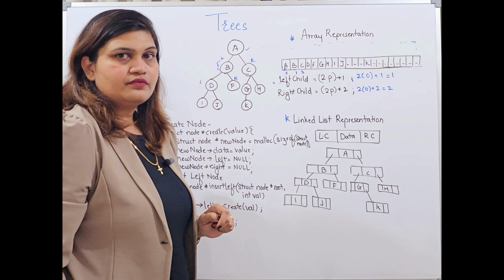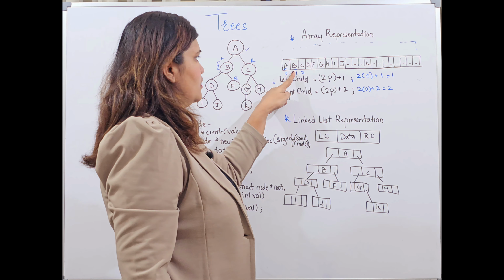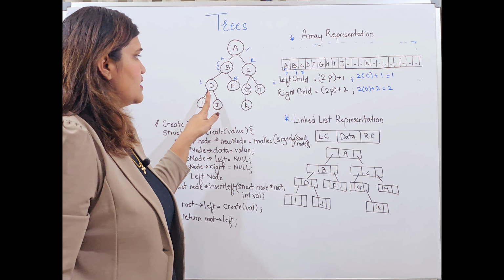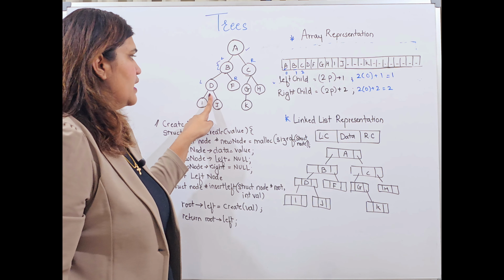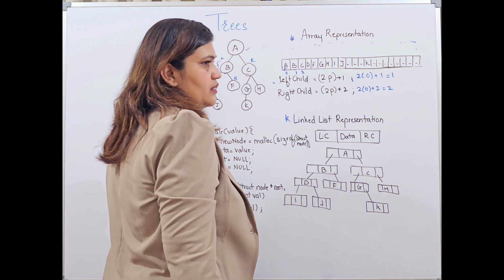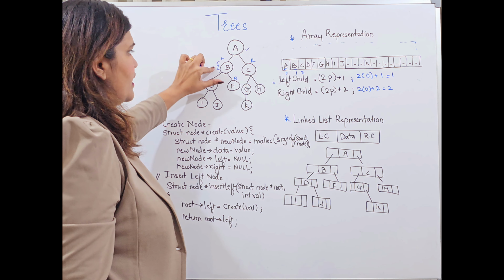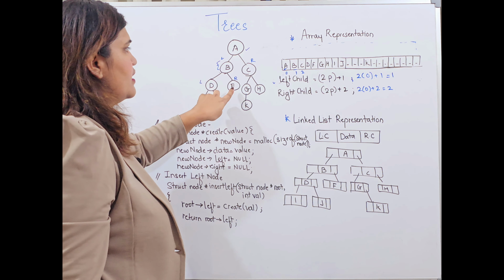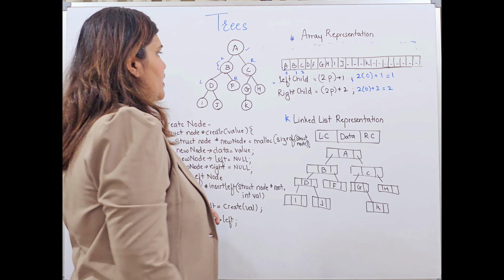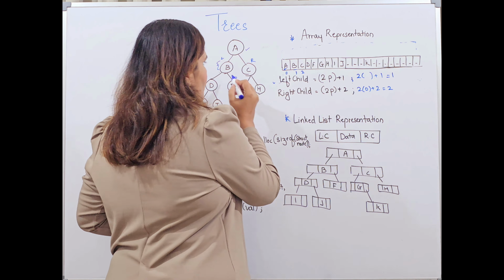B and C. Now let's move to node B. Check whether B node has child values. Yes, it has child values, that is D and F. So what am I going to do now? I'm again going to calculate the left and right child. For B node, the left child is D and the right child is F. I need to check where this D and F will be put. For that, I'll again use 2p. Now in this case, P is what?